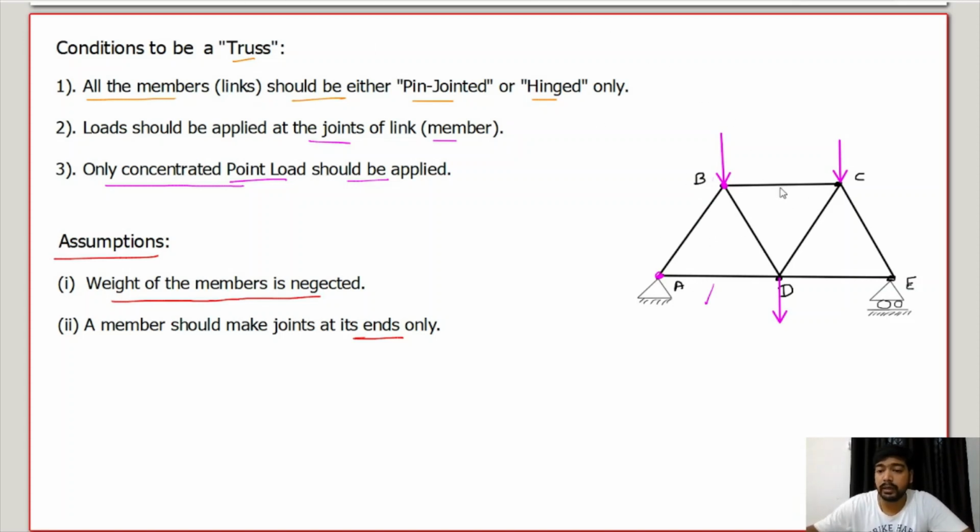Second member हो, but that should not be at the mid या कहीं बीच में से ना हो. ठीक है? तो ये member नहीं चलेगा. आपको फिर यहाँ पर एक जॉइंट देना पड़ेगा, इन दोनों मेंबर को अलग करना पड़ेगा. ठीक है? So the members should be joined at the ends, बीच में से कोई भी मेंबर आपका जॉइंट नहीं होगा. This is the assumption. Okay, so let's move further.